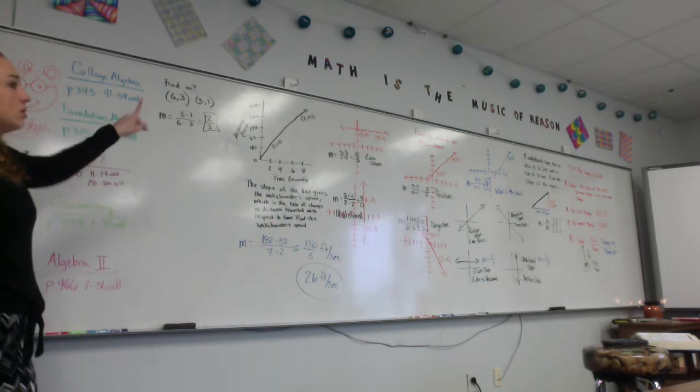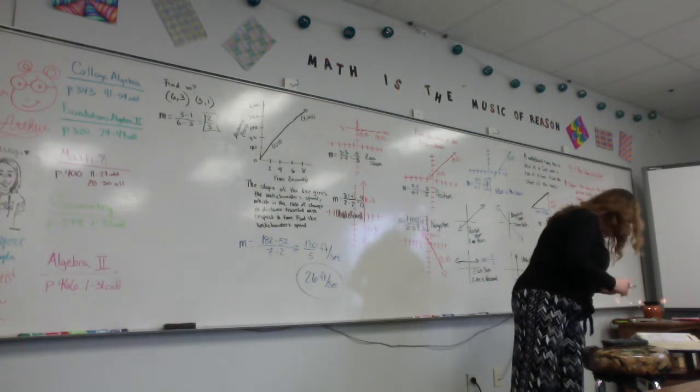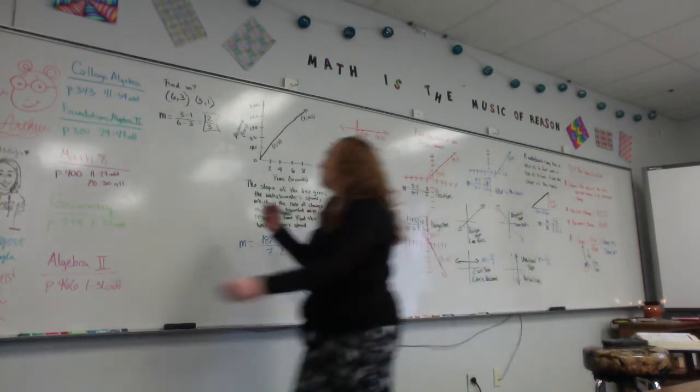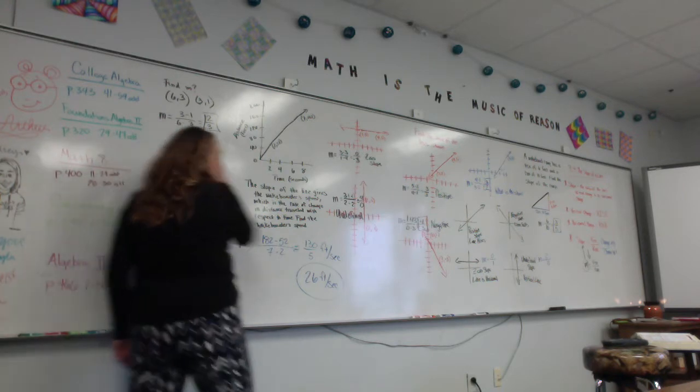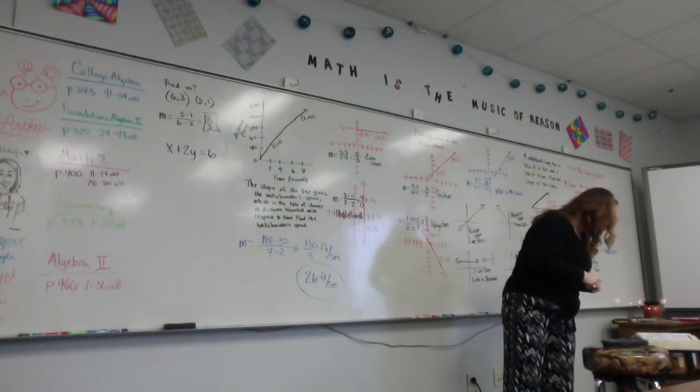They're not going to ask you to graph that, but let me show you what they're going to do with graphing. So let's say they give you an equation that says x plus 2y equals 6. Okay? They might give you an equation that looks like that. And then they're going to say find the coordinates of the 2 points on the line with the given equation.